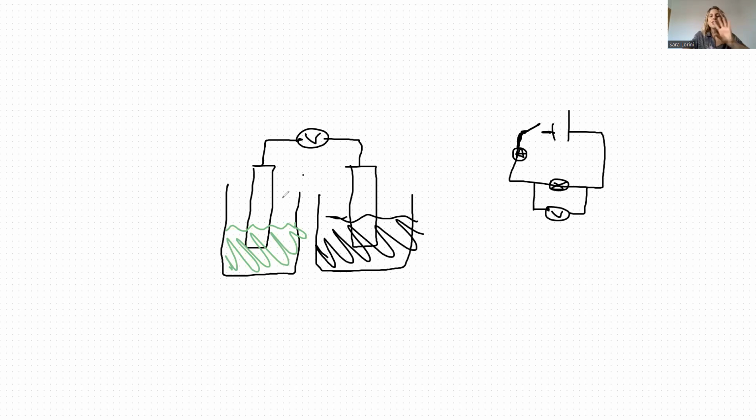So in electrochemical cells, we have something called the salt bridge. The salt bridge looks like this. It's actually a kind of tube or soaked paper. Let's label it: this is a salt bridge.